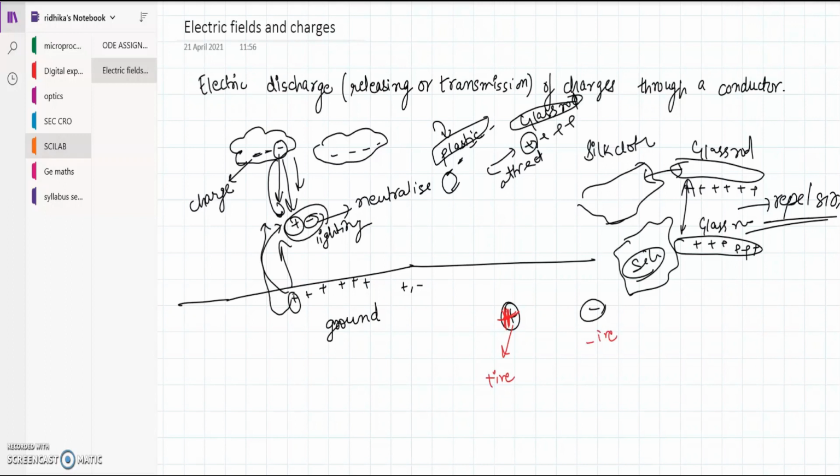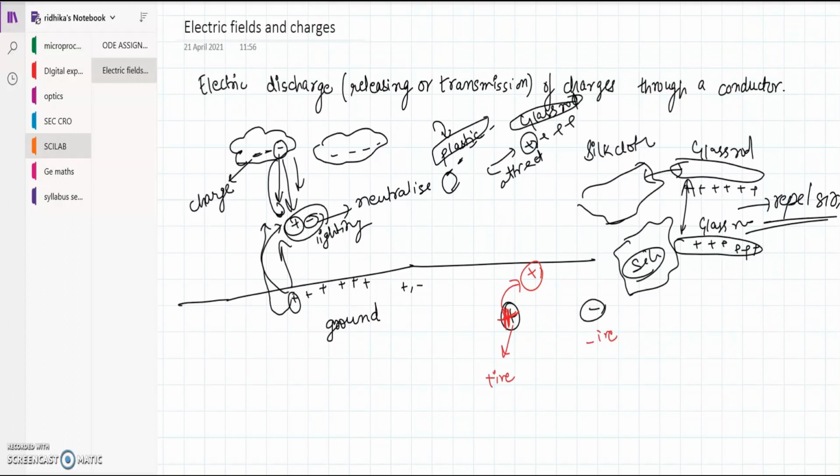So basically something that is charged has a pole. So if somebody asks what is the polarity of this charge, you will say it has a positive charge.